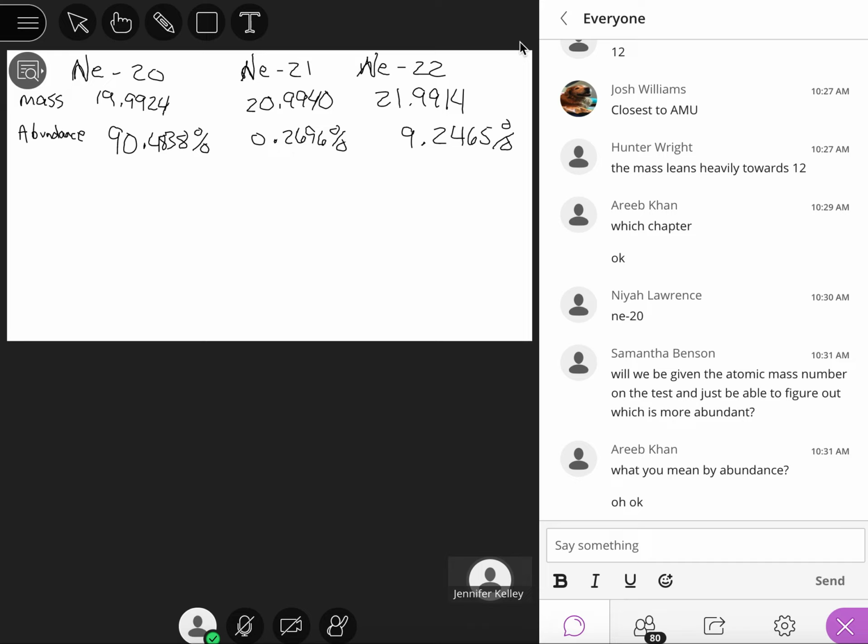So the procedure to do this is first you want to change all of the percentages to fractions. When I say fractions, I don't mean numerator over denominator. A lot of times they'll call it a fraction, but it's really a decimal. To convert to a decimal, you divide by 100, or you just move your decimal place over 2 places.